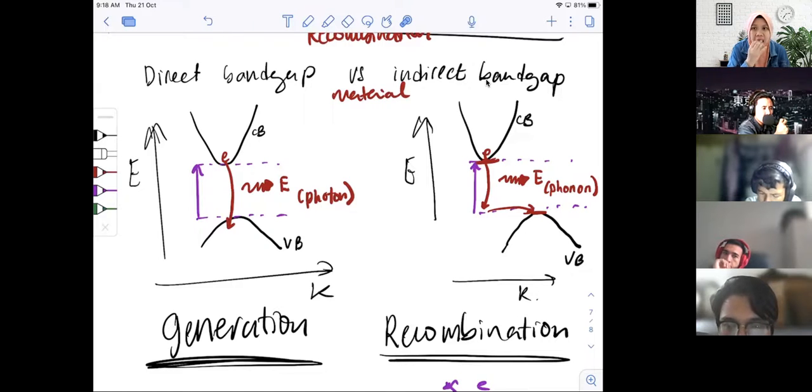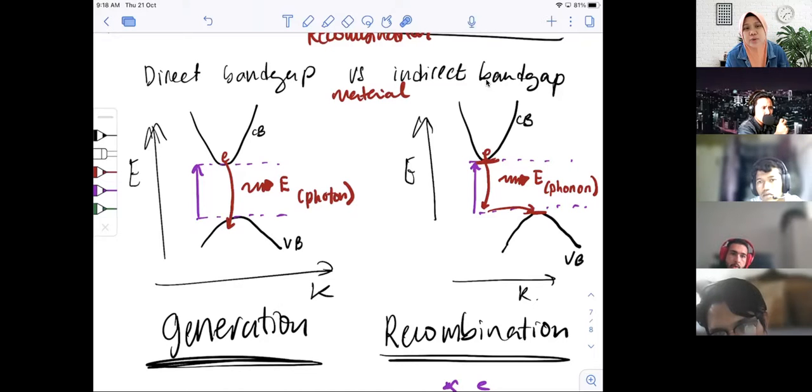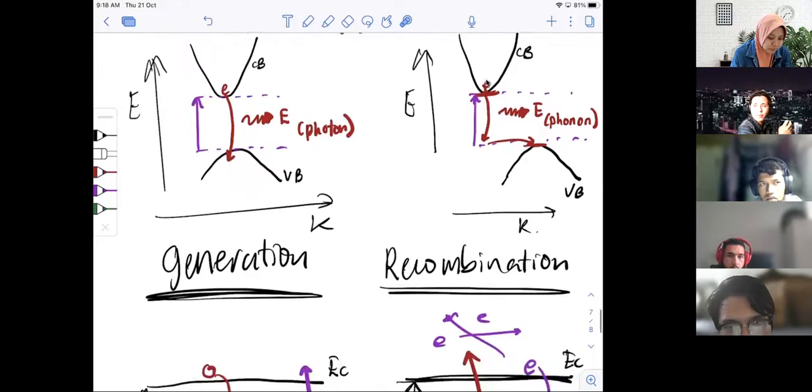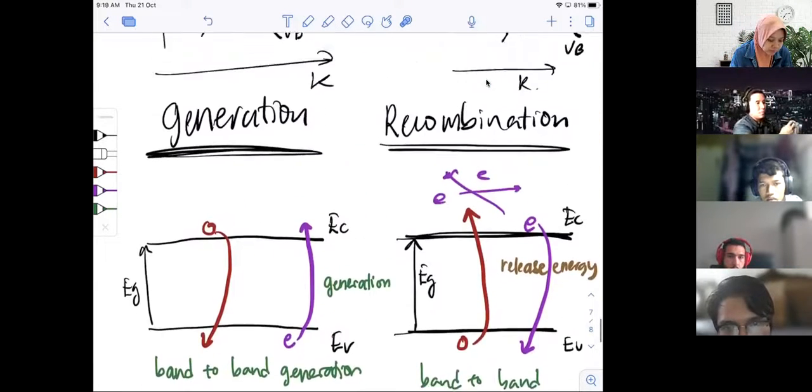I don't know whether the right word is conserved or not, but there is a change in momentum. Okay, any more questions?